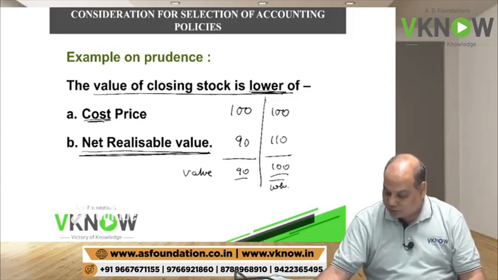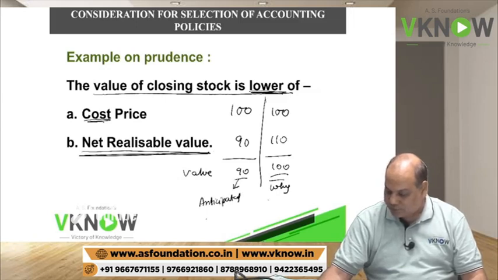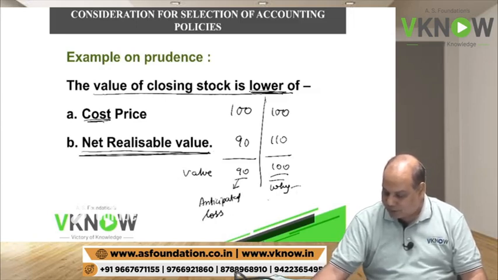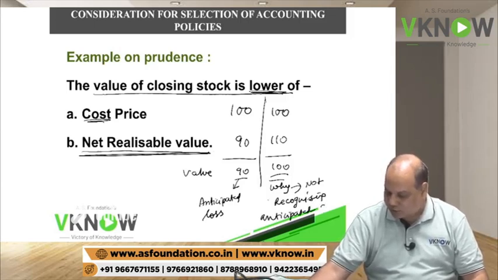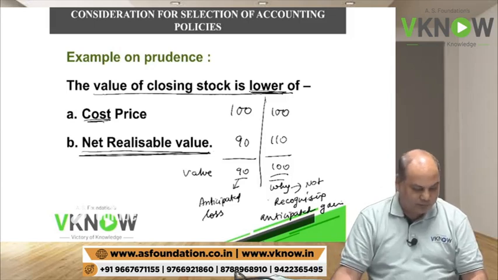Now the question is why? Here I am recognizing anticipated loss, but here I am not recognizing anticipated gain.